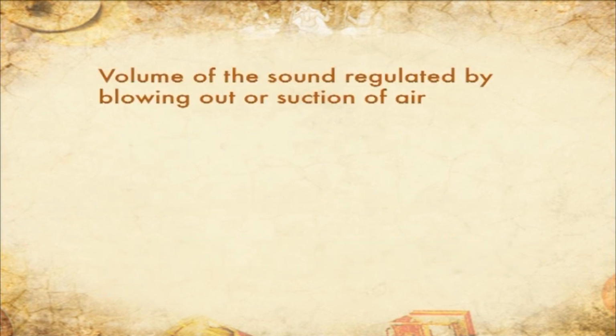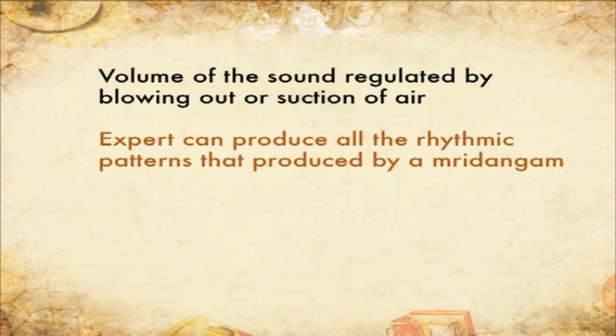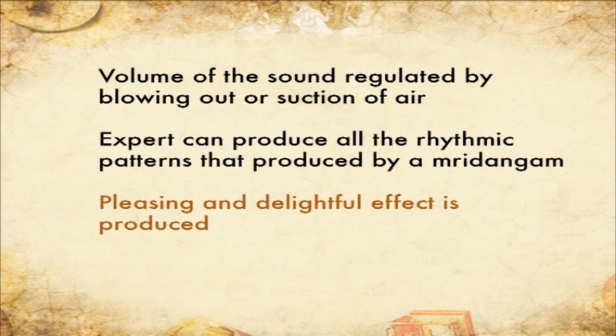The volume of the sound can be regulated by blowing out or suction of air. In the hands of an expert, it is capable of producing almost all the rhythmic patterns which could be produced by a mridangam. A pleasing and delightful effect is produced.